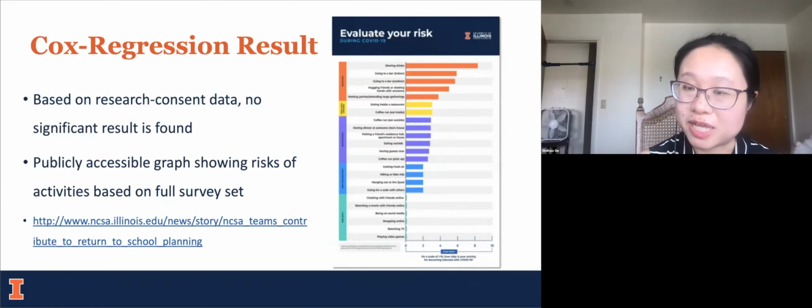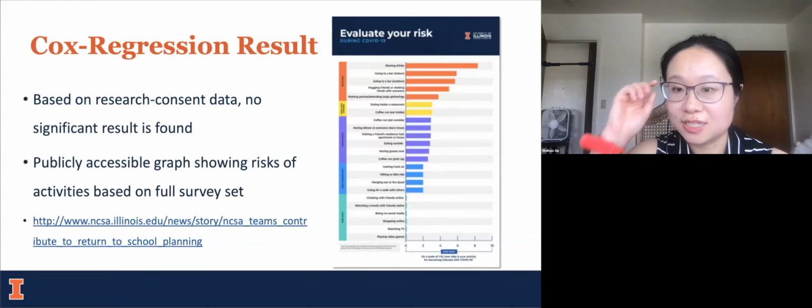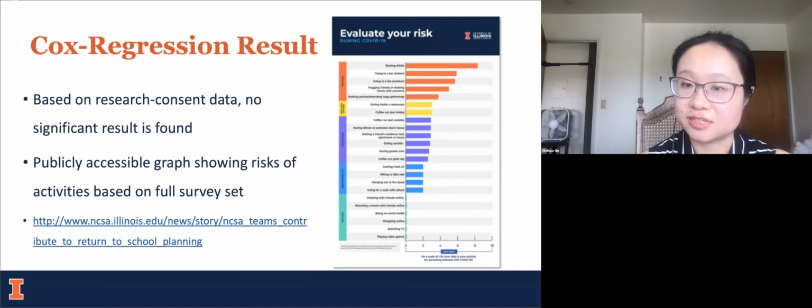And then we categorize the risks based on their rank and also based on their own values. The safe measures will always have a hazard ratio that's less than or equal to 1. That means you do not add to your risk.